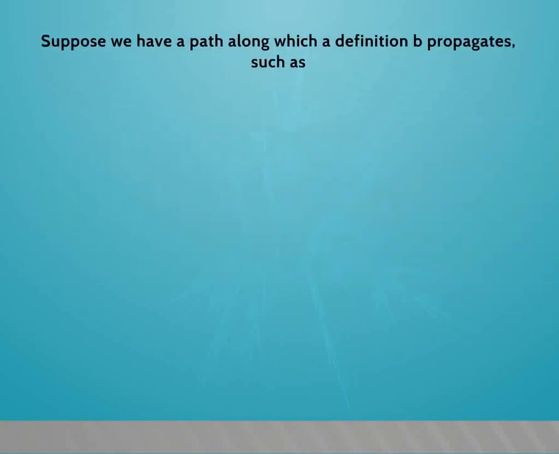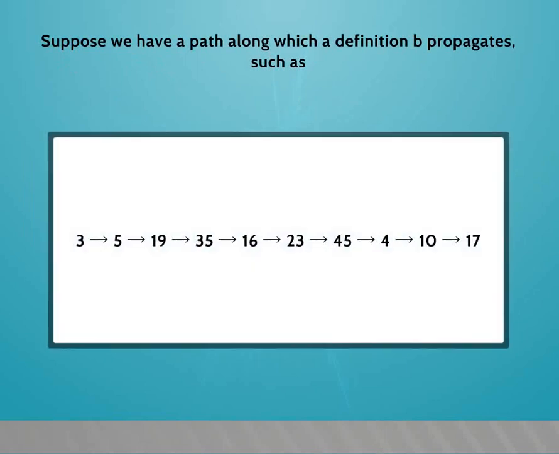Suppose we have a path along which a definition B propagates, such as 3 gives 5, gives 19, gives 35, gives 16, gives 23, gives 45, gives 4, gives 10, gives 17.